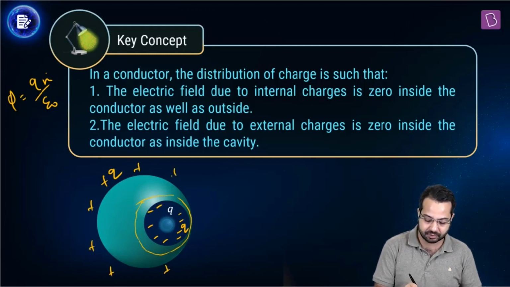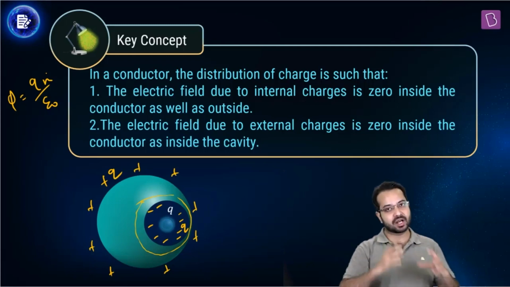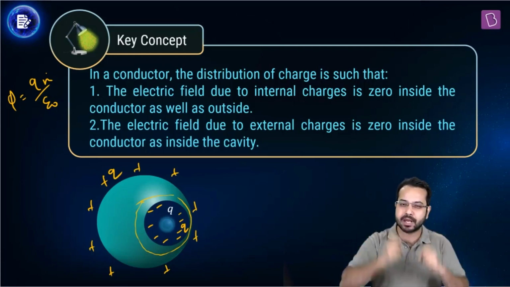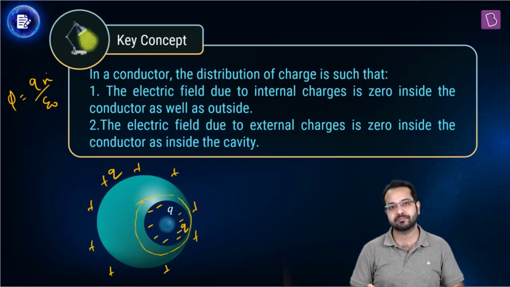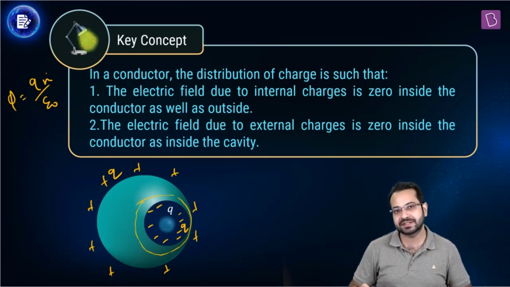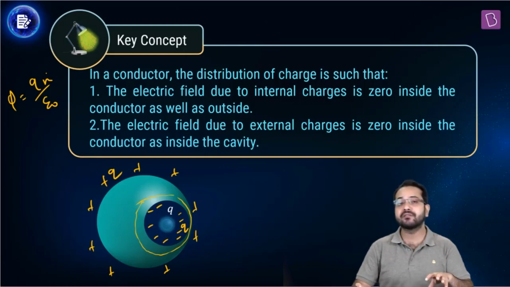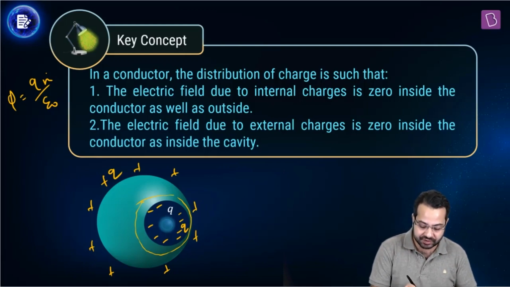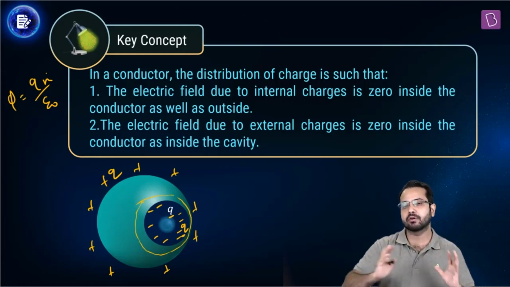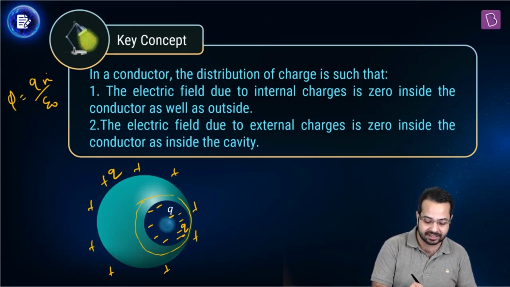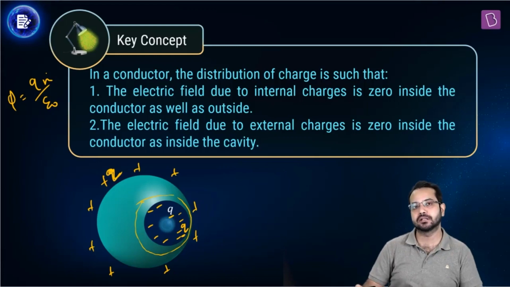All right, perfect. Now, whatever is the charge distribution, their main objective is always to make the field inside the conductor zero. Okay, but there is a consequence of that as well. Now, we are dividing the charges into two parts. Now, this q and this minus q are internal charges. They're inside the cavity. We're going to call them internal charges. And this plus q is external charge.